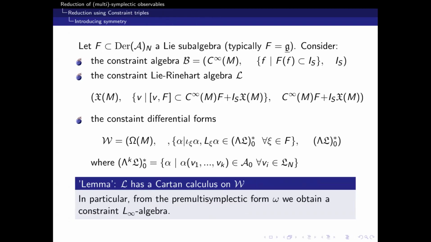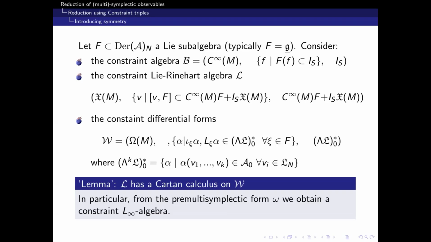And being basic means that contracting a symmetry into them or doing a Lie derivative vanishes. But for us, vanishes means it vanishes on S. So in the algebraic sense, this is the condition we impose, that iota psi alpha and L psi alpha are in the zero space, in the invisible space from before.